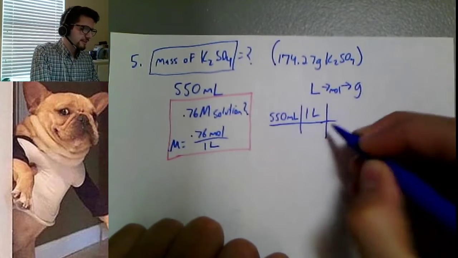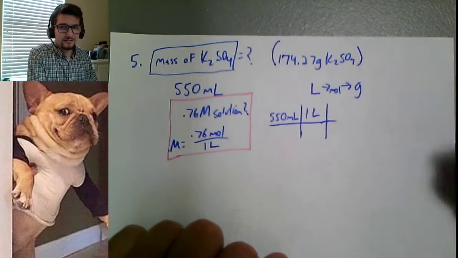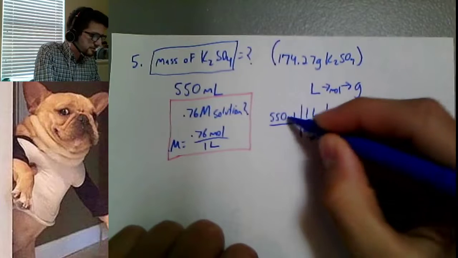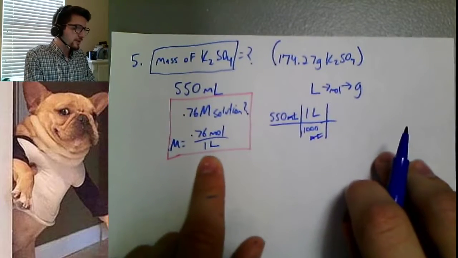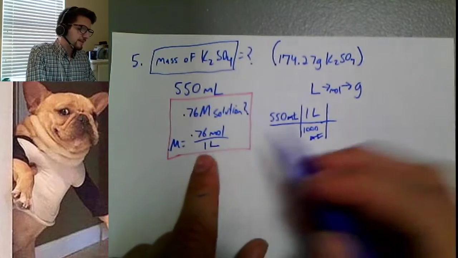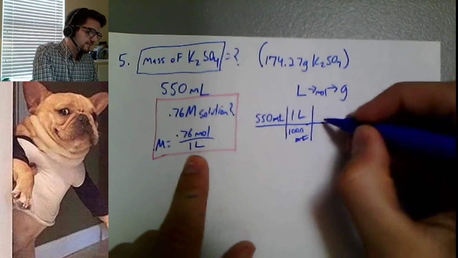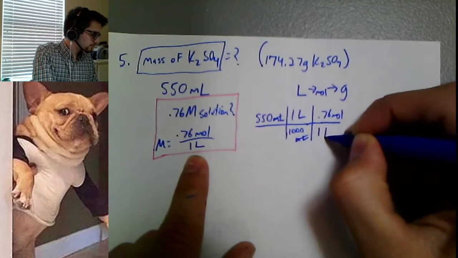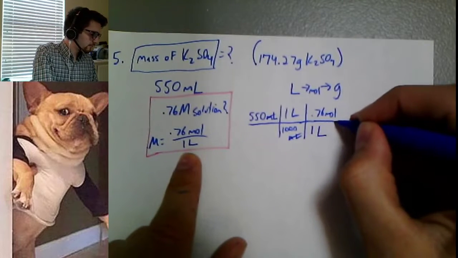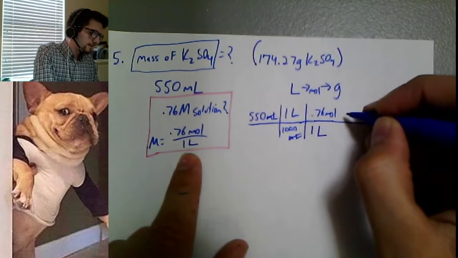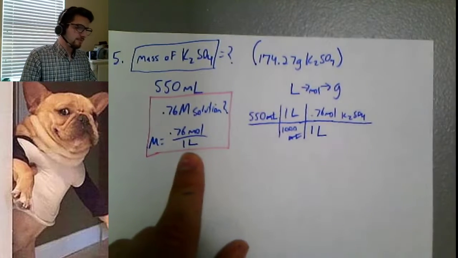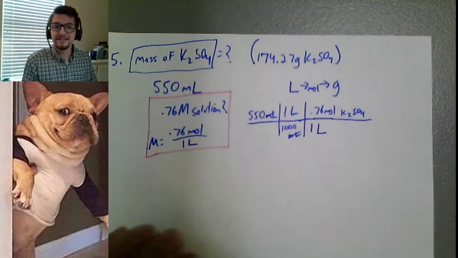So if I convert to liters, how many milliliters are in a liter? 1,000. Your milliliters cancel. So what did my equation say? How many moles do I have for every liter? 0.76. Cool. And this would be moles of K2SO4 because that's what the solution is.